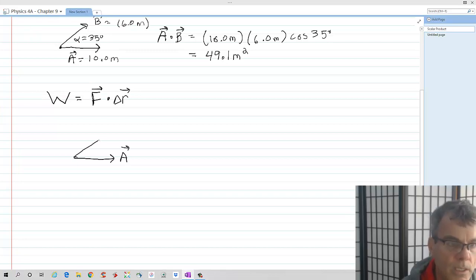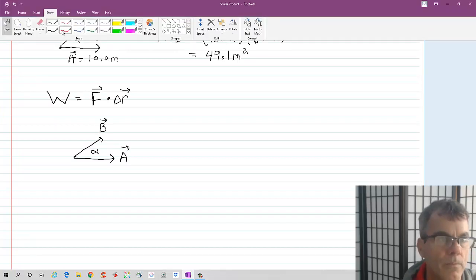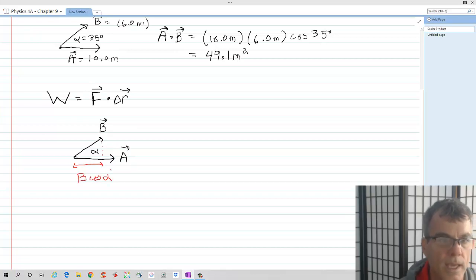And vector B, again, let's say it's up at some angle. And here's the angle between them. Well, if you look, this little piece right here is equal to B times the cosine of the angle.